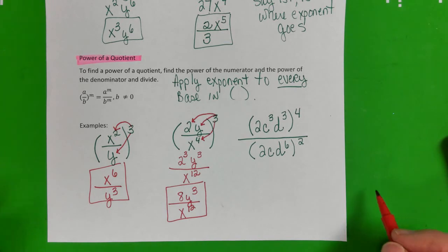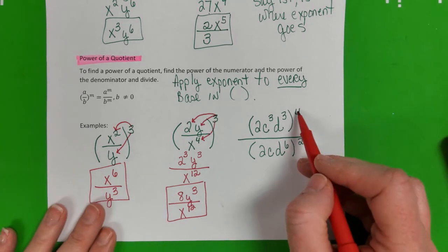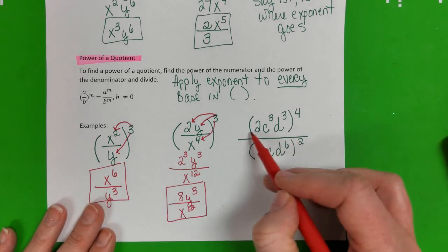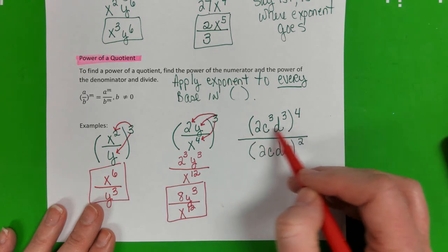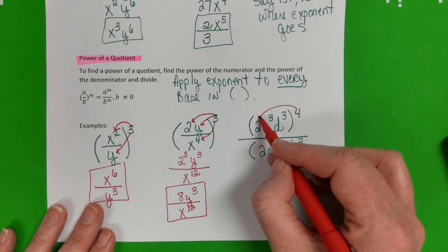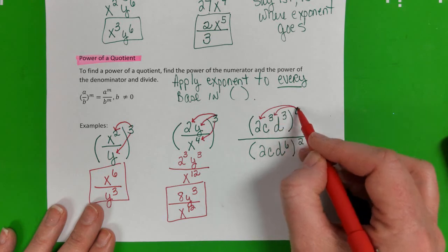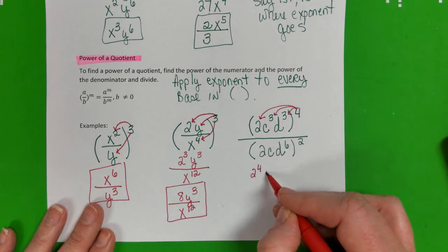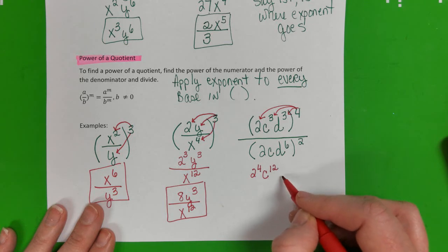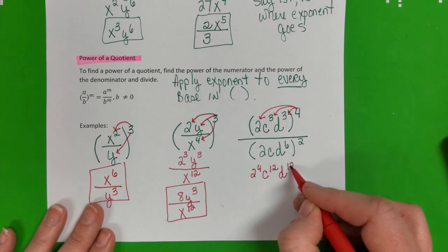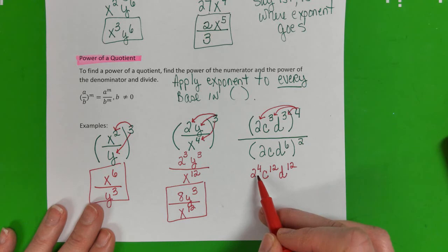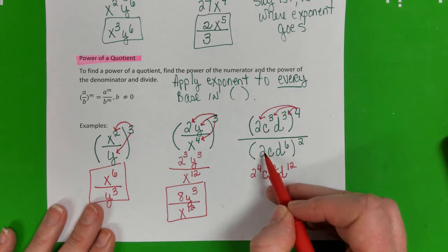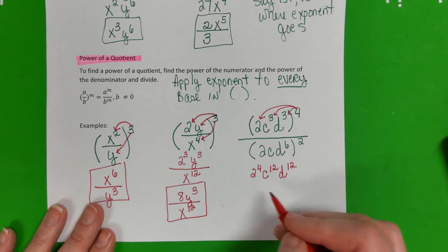Okay, so power of a quotient. Let's start. We need to take this 4. The only thing in parentheses that applies with the exponent is what's in the numerator. Okay, so we're going to apply our exponent each place. So 2 to the 4th, c to the 12th, d to the 12th. And I'm going to hold off on this because I noticed that there's a base 2 down here, and I want to show you something with that.